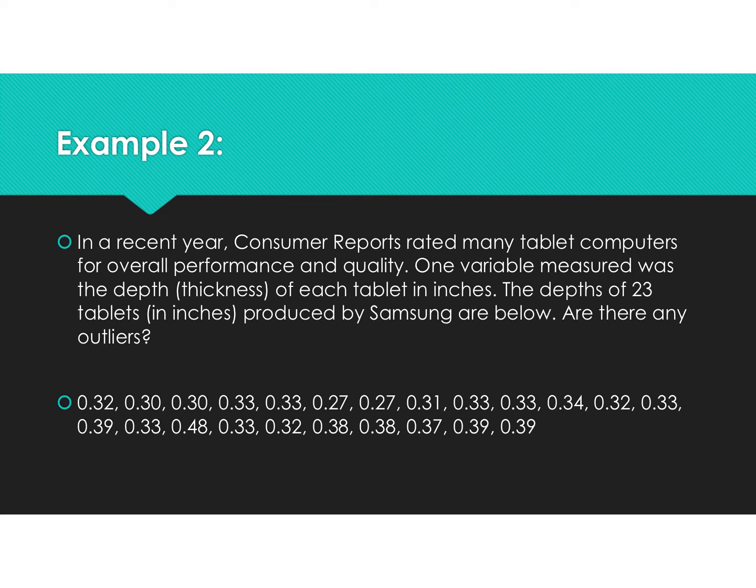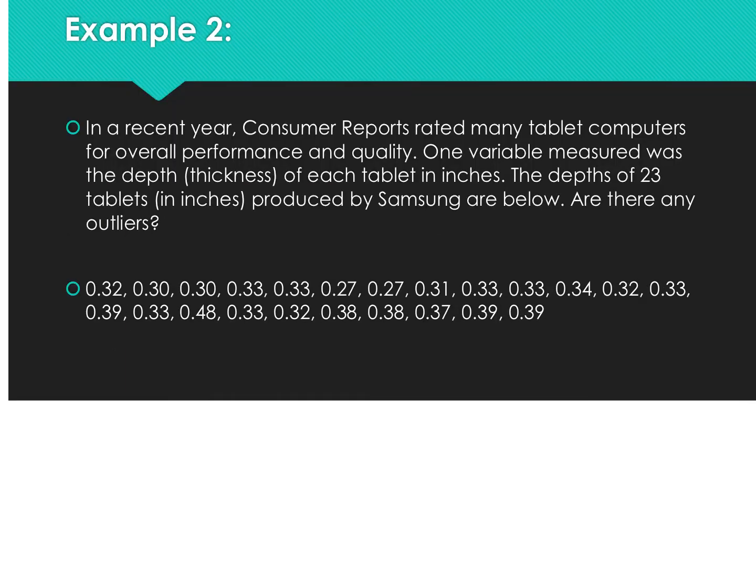Put them in order. Find your median, find your quartiles so that you can find your IQR, and then determine if there are any outliers. Remember, you don't have to write all the words down either, right? Yeah. 23.